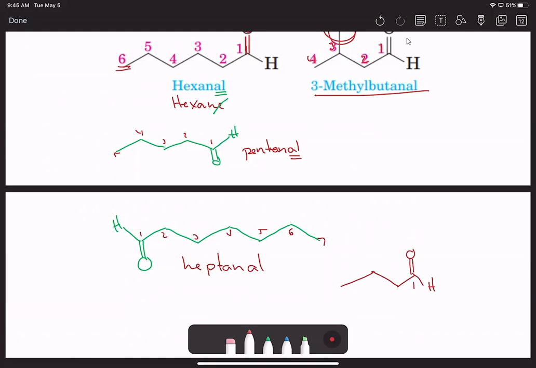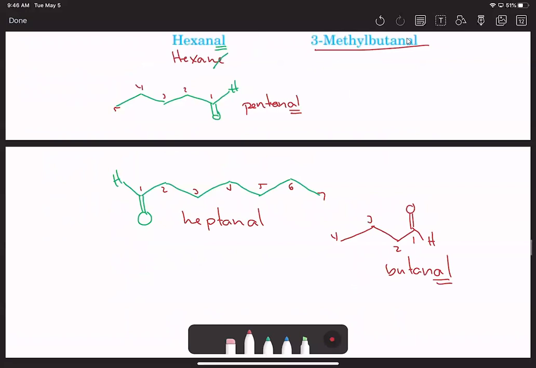Carbon number 1, butanal. All right, and then we can start putting some branches. So let's go ahead and put in some branches now.